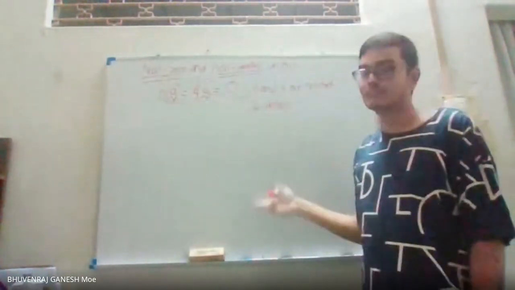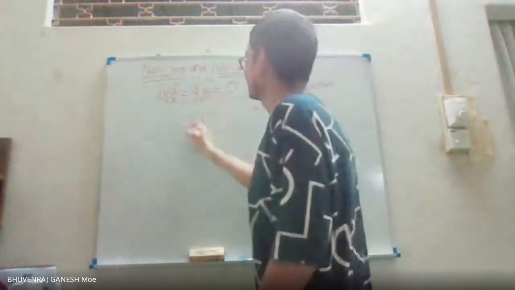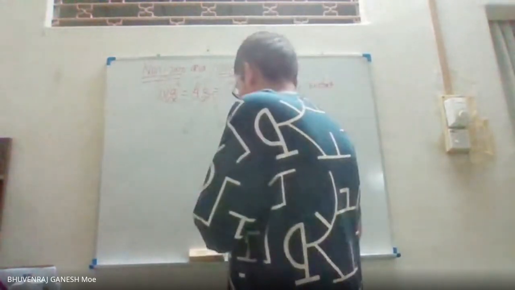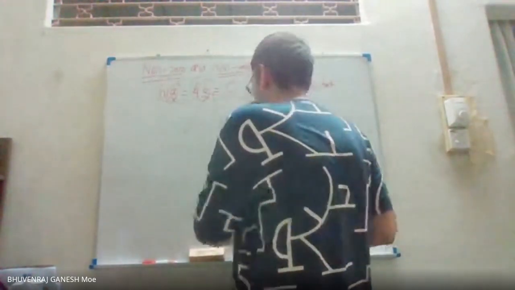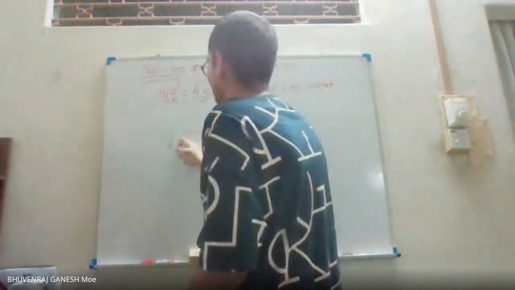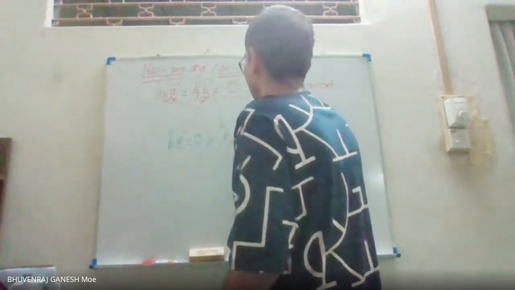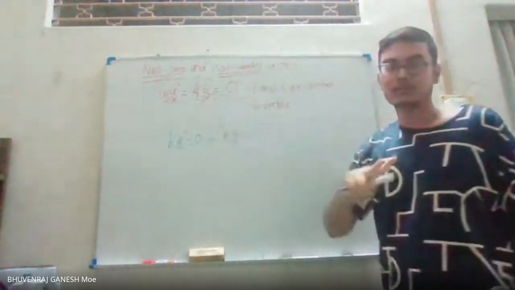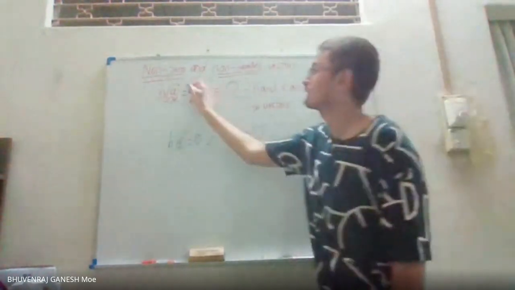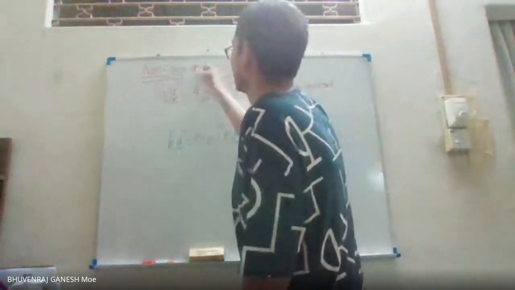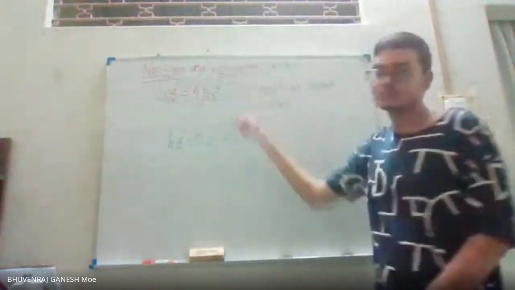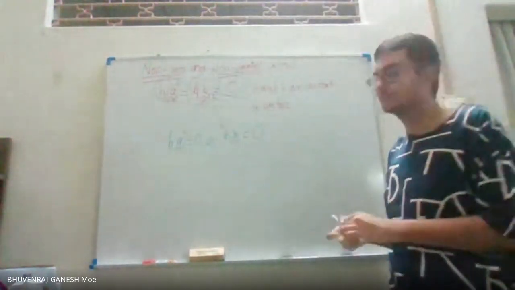So I say HA plus KB equals 0. Something like simultaneous equations. What you can come out with from this is HA can equal 0 and KB can equal 0, because both are equal to each other. This one can equal 0 directly, and this one also equals 0. That's how we get it.